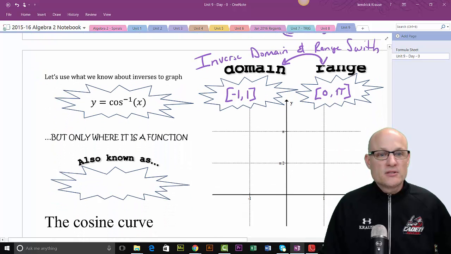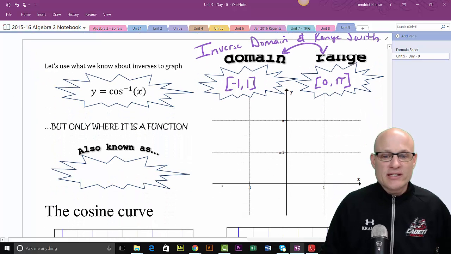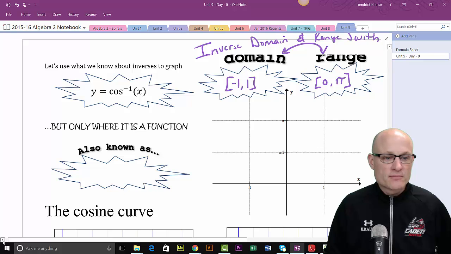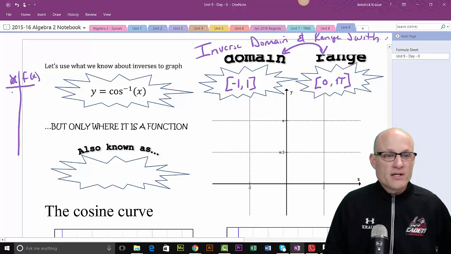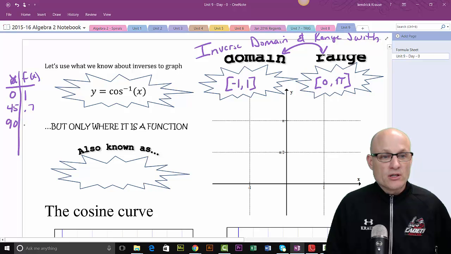So let's see if I can come over here a little bit. Now the original function, I'm just going to graph from 0 to pi. So x and f of x. At 0, it was 1. At 45 degrees, it was 0.7. At 90 degrees, it was 0.